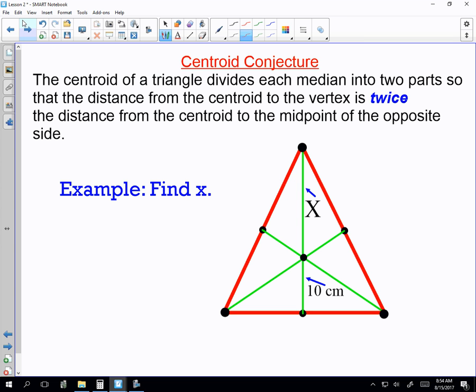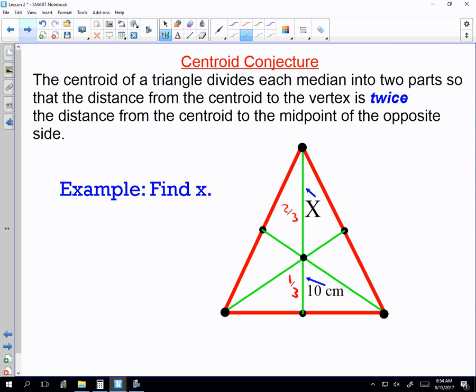The centroid of a triangle divides each median length into two parts so that the distance from the centroid to the vertex is twice the distance from the centroid to the midpoint. So these lengths are being cut into a 2/3, 1/3 ratio.